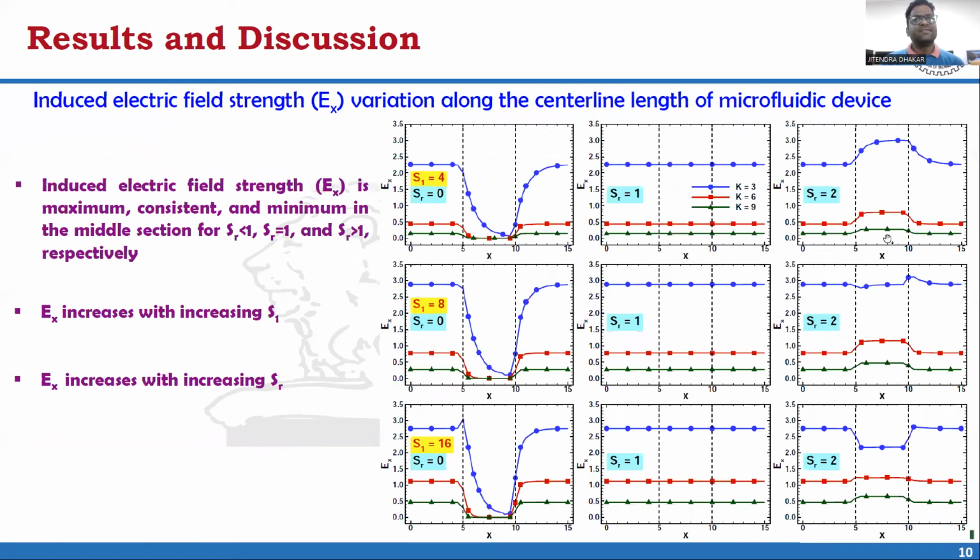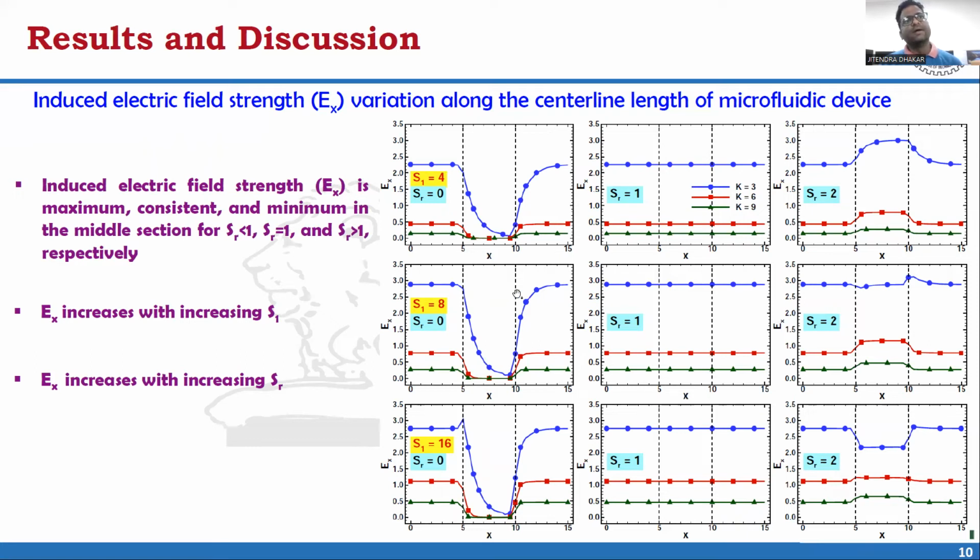Induced electric field strength variation along the centerline length of the microfluidic device. In the first column of the figure, the induced electric field strength is minimum in the middle section at SR less than 1 because the charge on the surface of the middle section is lesser than the other section of the device.